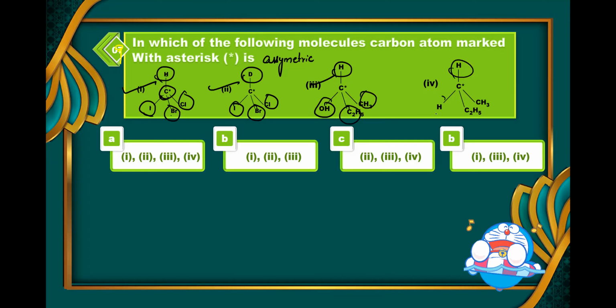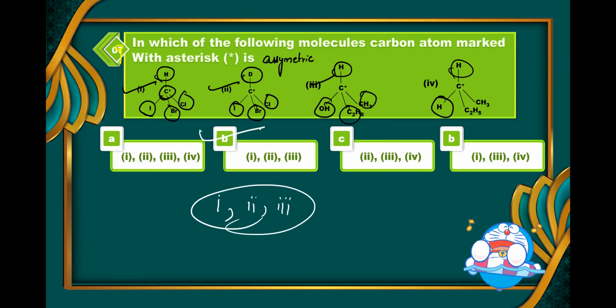But here 2 hydrogens are present on the same carbon, so it is not asymmetric. Only the first, second, and third structures are asymmetric, because all four valencies of the carbon are surrounded by four different groups. Then only we call this carbon an asymmetric carbon.